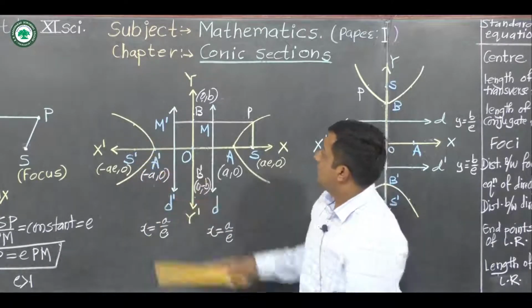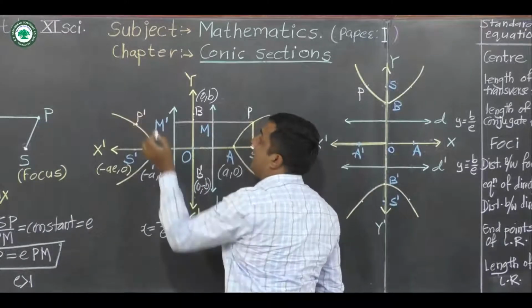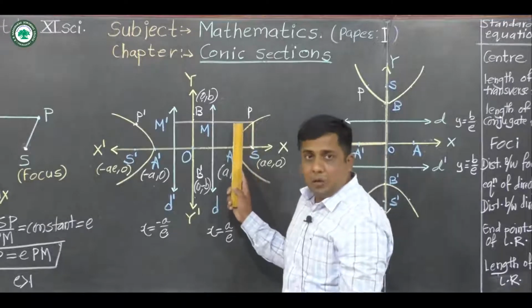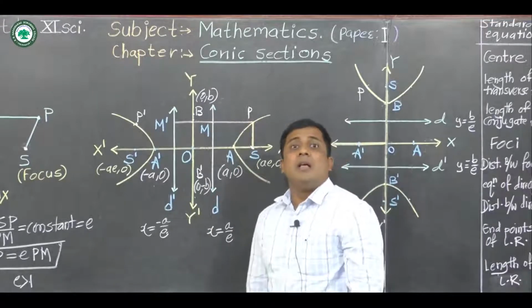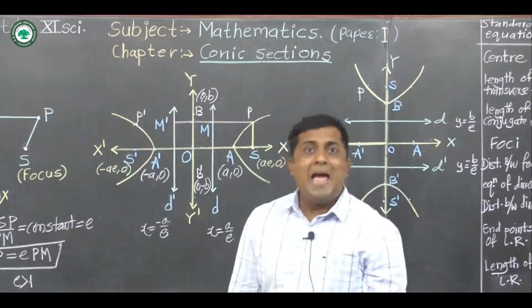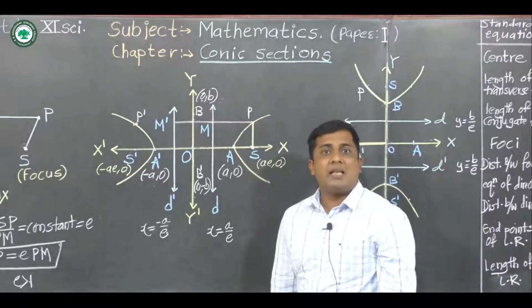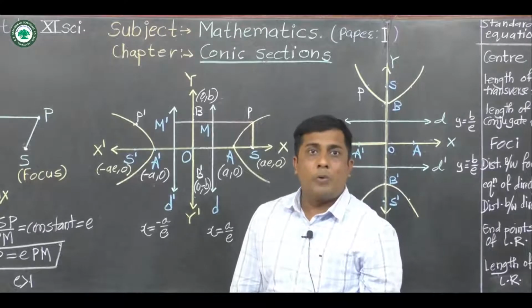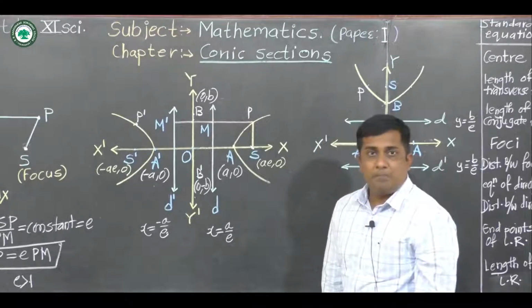Then this dot we consider as P dash, a point on the curve. Here again SP upon PM is constant and is called the eccentricity, which we denote by E.